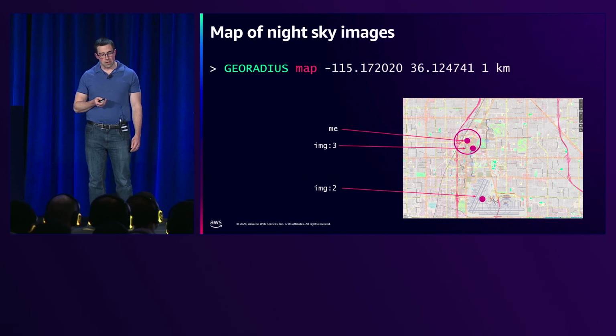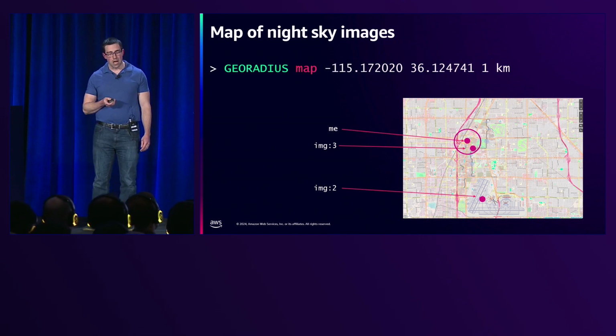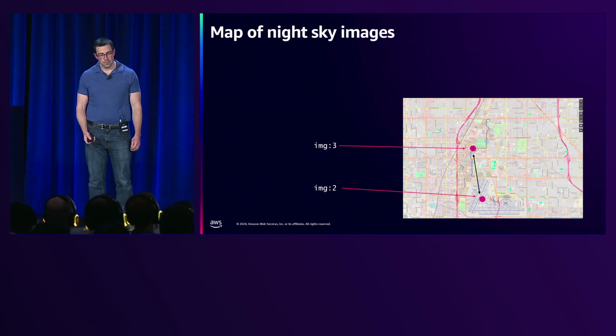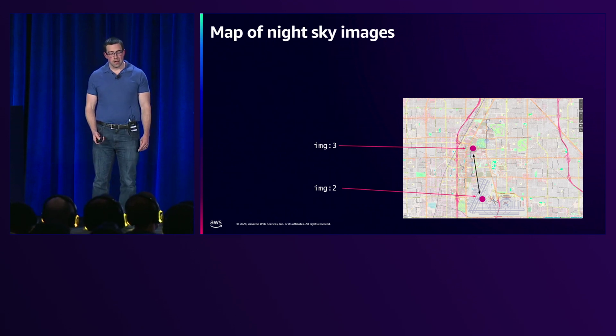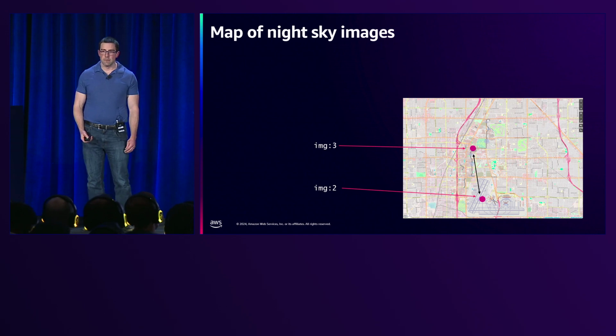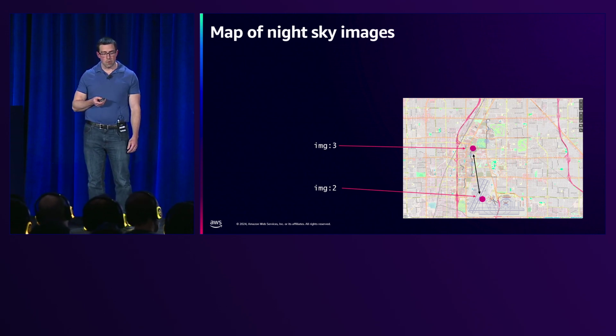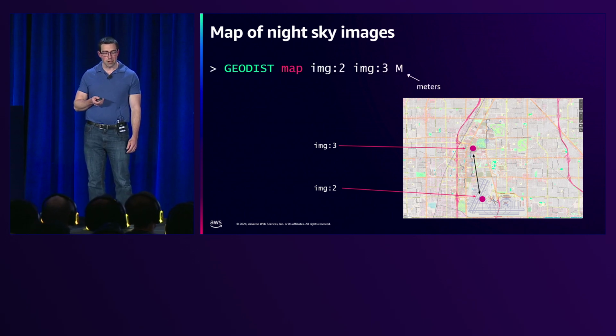And let's say I want to do a smaller bound here, so I want to do a 1-kilometer bound, even to make it more tight. With that, I just get back image 3. So in addition to doing radius-based commands, you can determine the distance of objects within the geoset. So let's say we want to see how far away image 3 and image 2 are from each other.